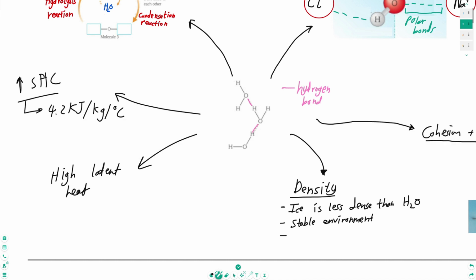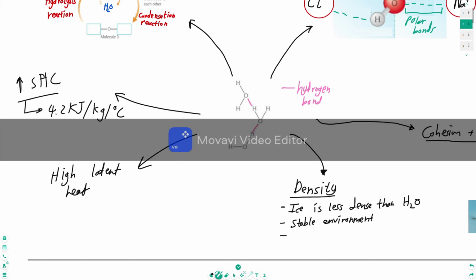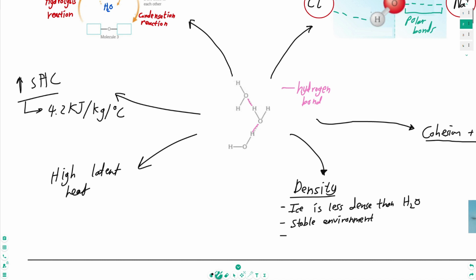So a large amount of energy is required to break those hydrogen bonds to turn water into steam. So therefore water can help to cool mammals down. For example, us, when sweat evaporates, it takes away some of that heat energy. And for plants, when water evaporates from mesophyll cells, it helps the plant to cool down.